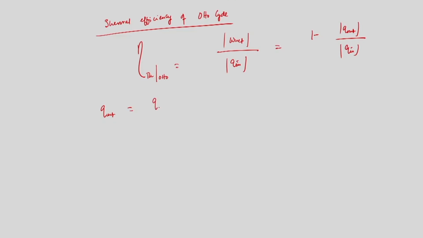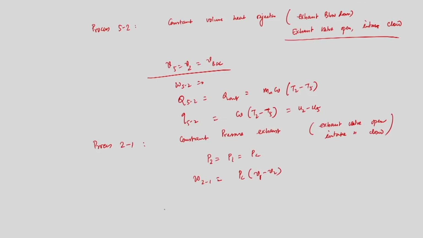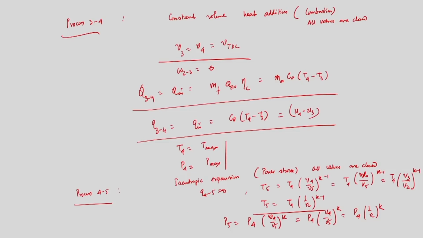That is Q5 to 2, that equal to Cv into T2 minus T5, and Q in, Q3 to 4, is equal to Cv into T4 minus T3.